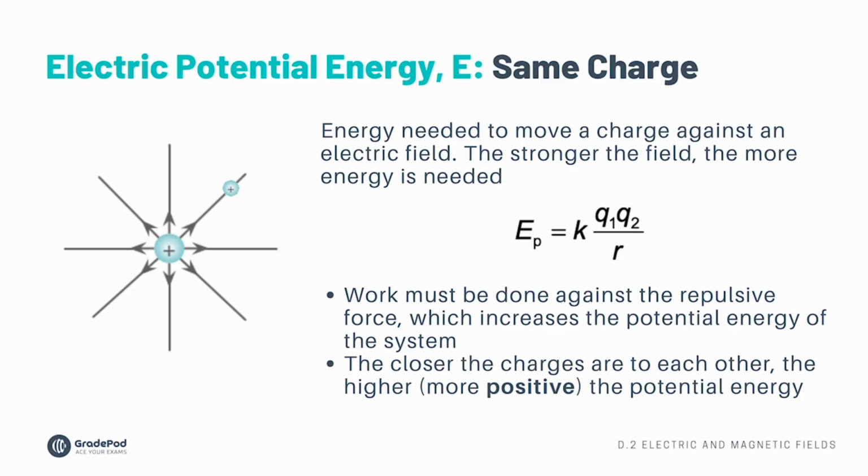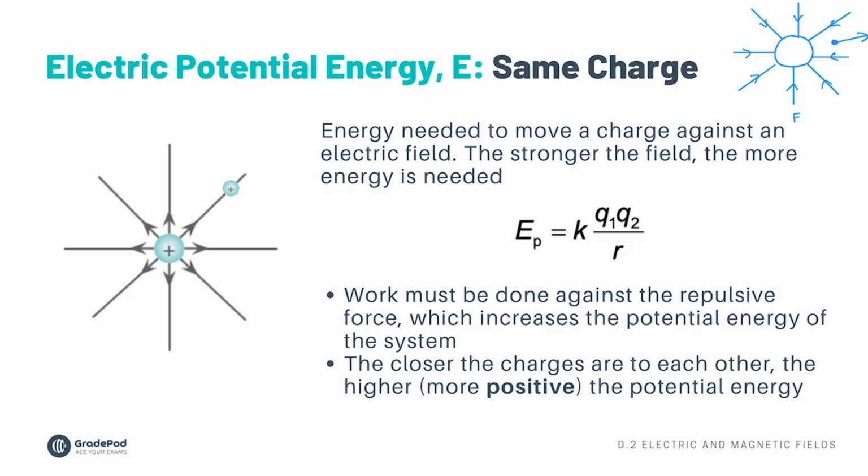Given that there are similarities between gravitational and electric potential energy, I just want to do a quick reminder of gravitational potential energy. We had a large planet, didn't we? And there was a radial field that looked like this. The gravitational field was always pointing towards the centre of the large mass. It was always attractive. And if we took a test mass within that field, then the gravitational potential energy was the energy needed to move a mass away within that field.